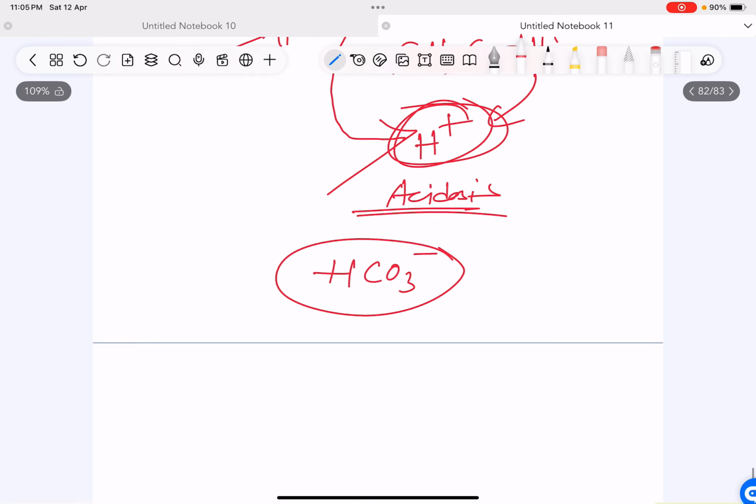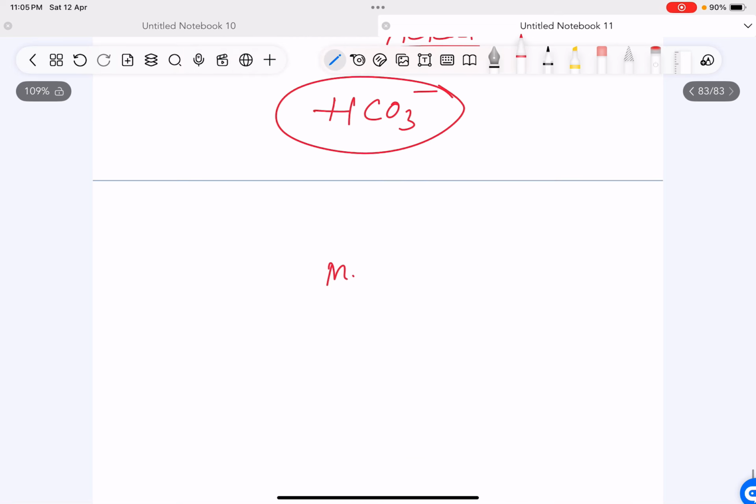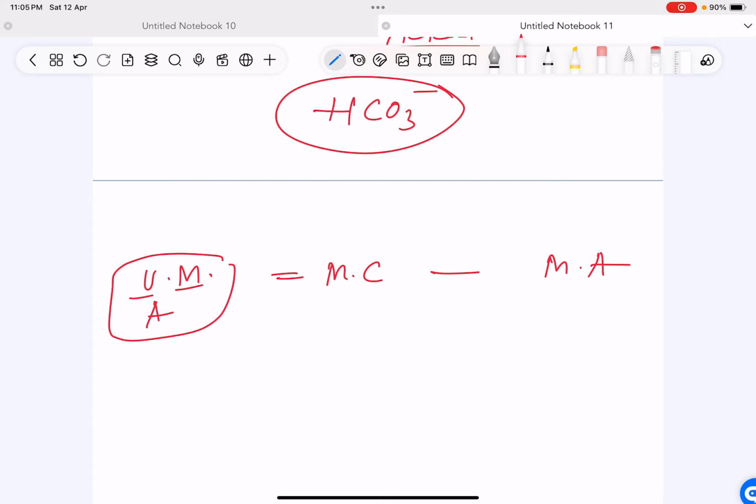So what should happen? Measured cation minus measured anion is the unmeasured anion. Unmeasured anion, that is your anion gap. Anion gap is nothing but anions. Which anion haven't we measured? What is the anion that we haven't calculated? That is the anion gap. It is measured cation minus measured anions.